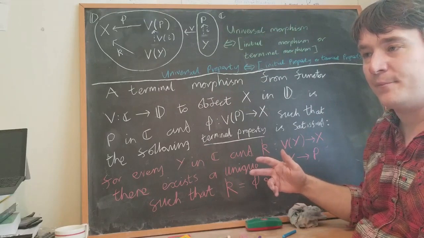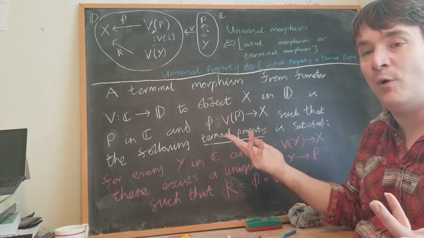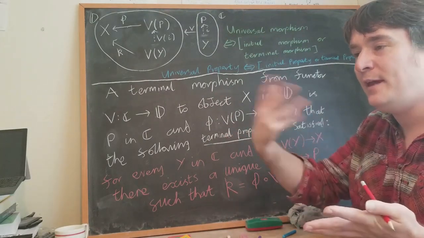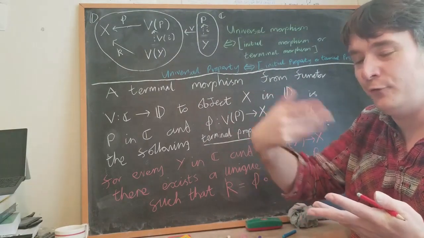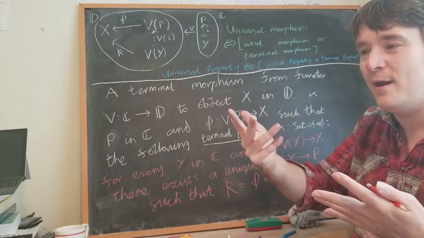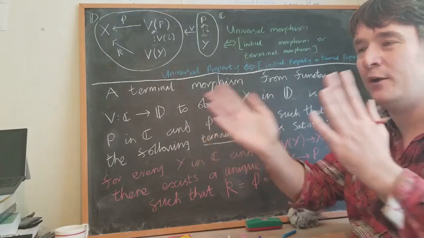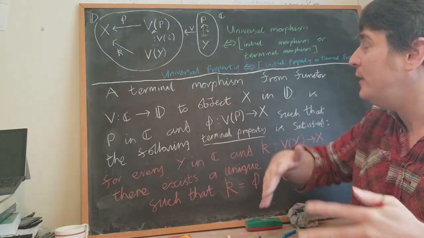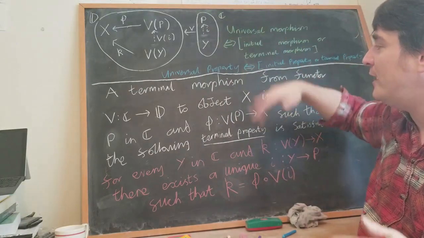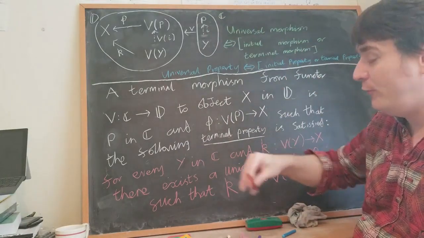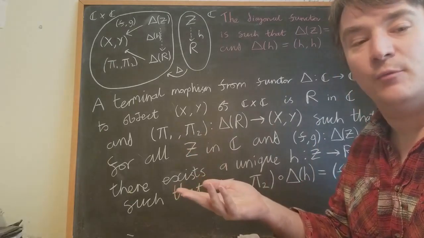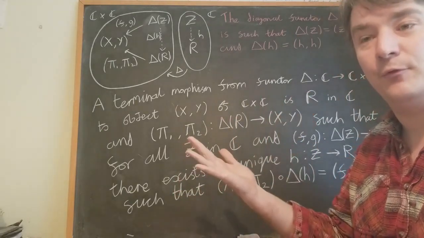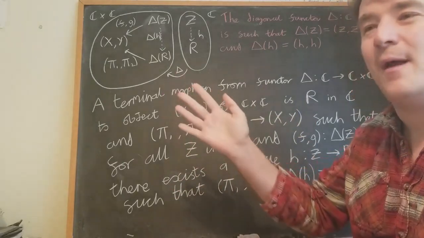And this is going to save us a lot of work, okay, because we won't have to keep cooking up specific universal constructions of different things and then arguing why they're isomorphic. We can show that it holds in general for any universal morphism. Okay, so now we know about universal properties.